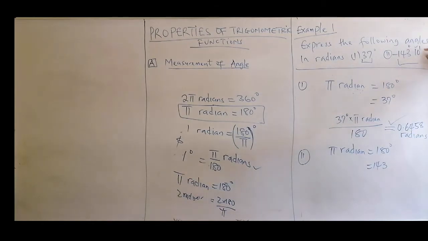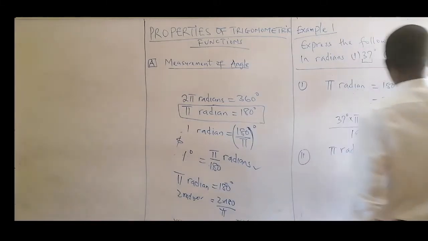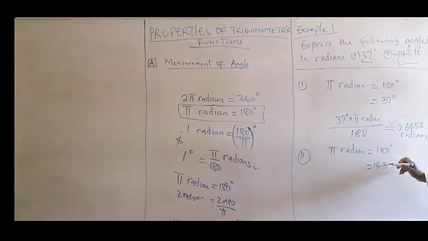I'm going to convert the minutes so that everything will be in degrees. How will I do it? You just divide this 10 minutes by 60 and add it to whatever you have here, plus 1/3. So that will be 0.1666, so that's in degrees.